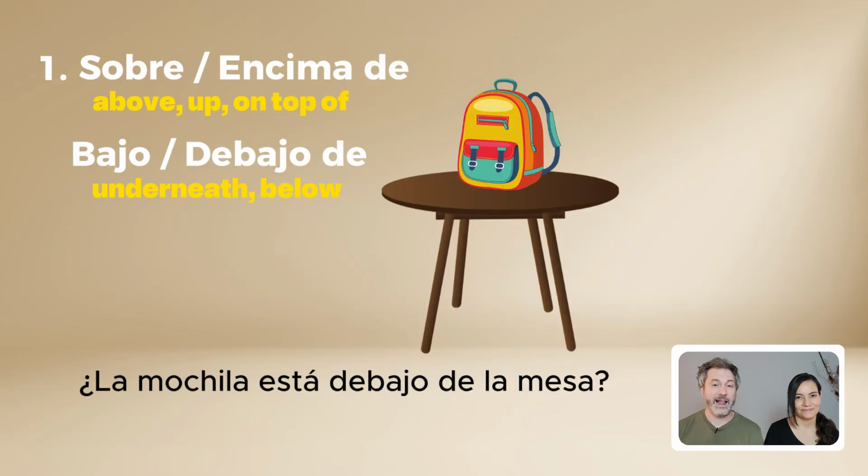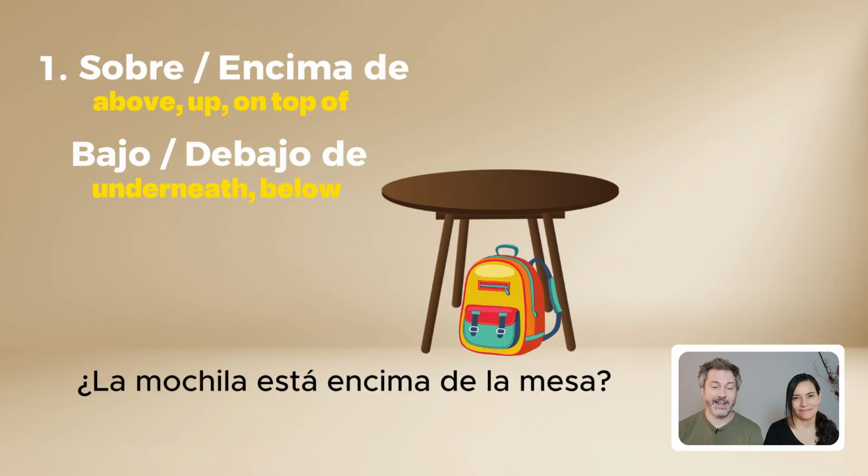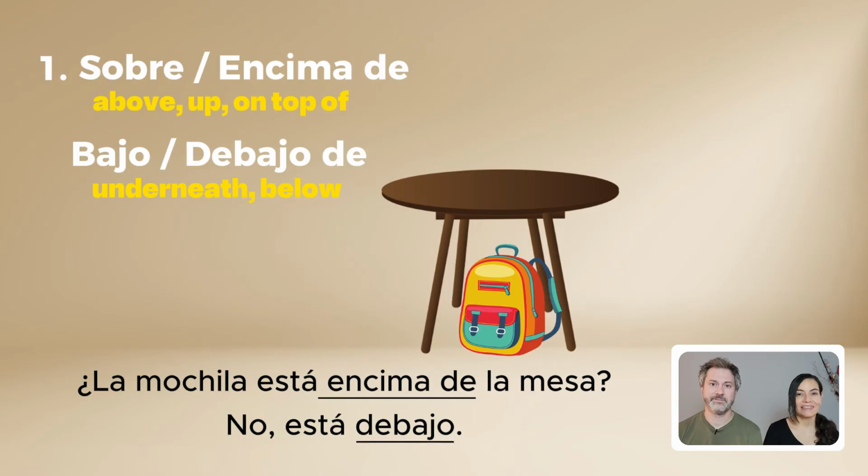For example, ¿La mochila está debajo de la mesa? No, está encima. Or ¿La mochila está encima de la mesa? No, está debajo. So this will be true for all the rest of our words in this lesson. If it's followed by the object, we need a de, so we have to remember this rule.